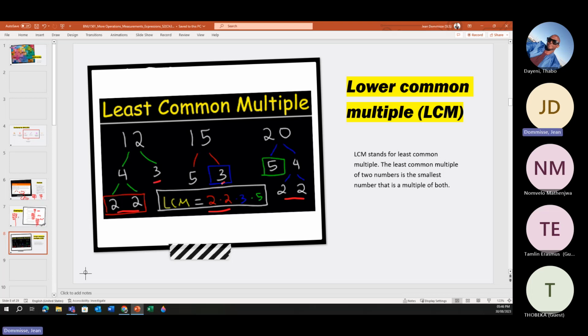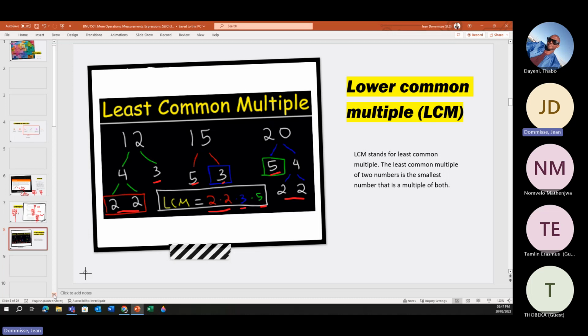There's one 3, there's one 3, so you will have only one 3. And then there's one 5 and one 5. So in the end, the least common multiple for these three numbers would be double 2, the 3, and the 5. That is how you would work out the least common multiple.